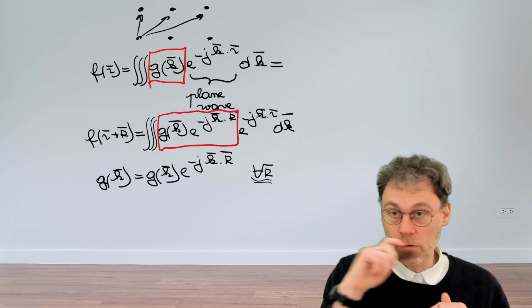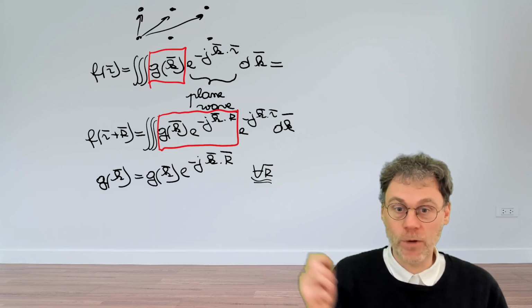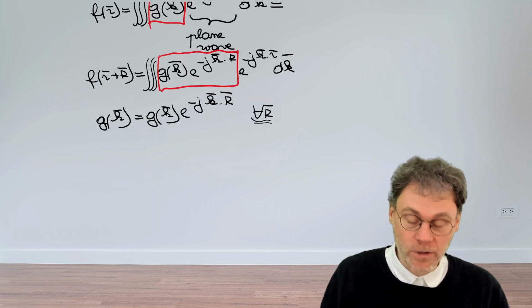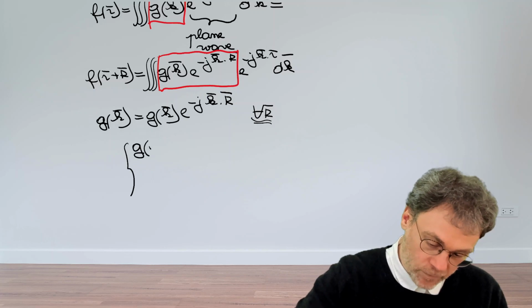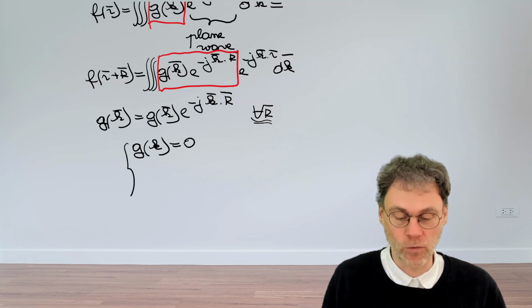Okay, so now we can ask ourselves the question: when is this particular expression true? Well, there are two ways of achieving this. The first is the rather trivial case where the Fourier transform is equal to 0. Then that expression will hold.